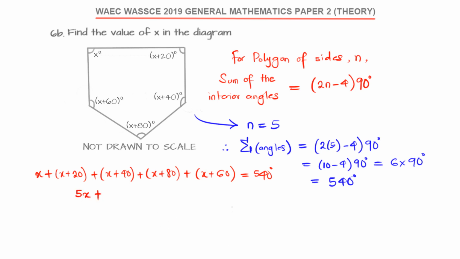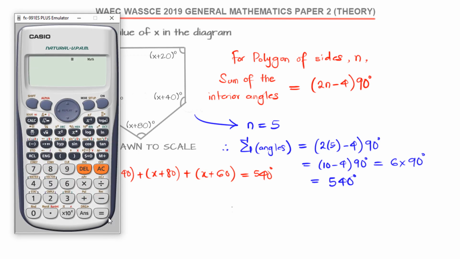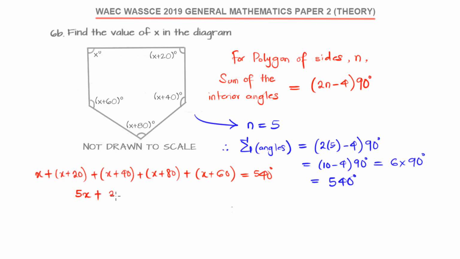Then we can sum up the other numerals. Here we have 20 plus 40 plus 80 plus 60. That will give us 200. So 5x plus 200 is 540 degrees, so that 5x will be 540 minus 200, and that will be 340.